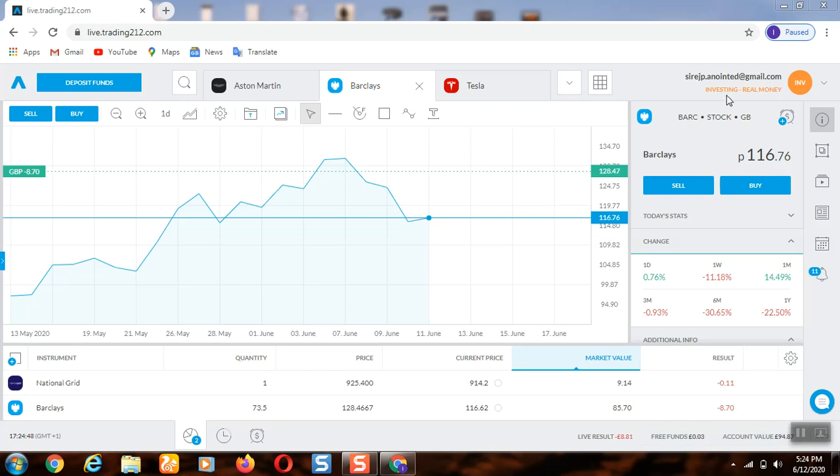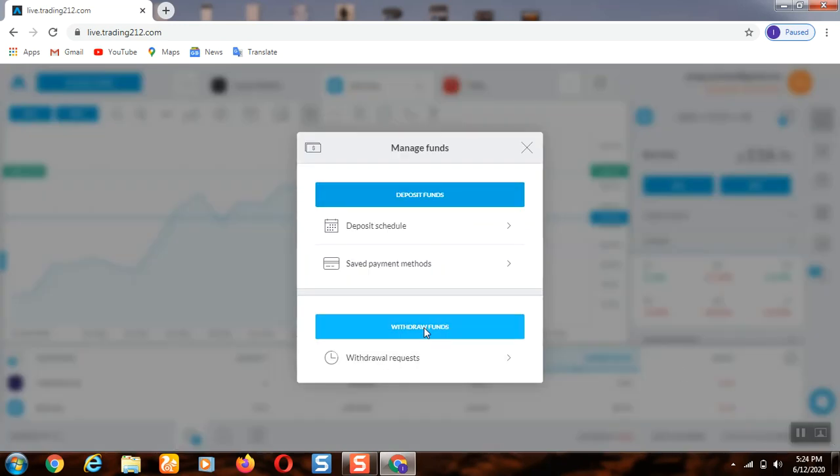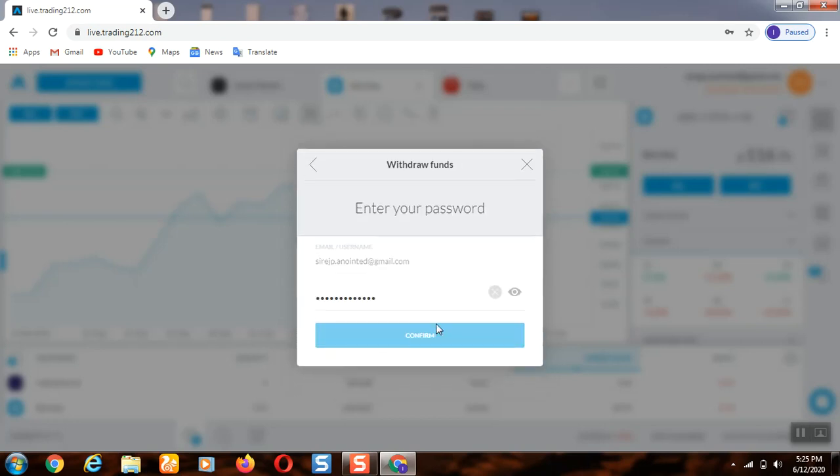You go to your manage accounts here, you open, and then you withdraw your money. If you're working with two cards, it will ask you which card you want to withdraw into, and it will enter there. Or if you're working with a bank, once you click withdraw and put in the amount you want, it's asking me to enter a password.